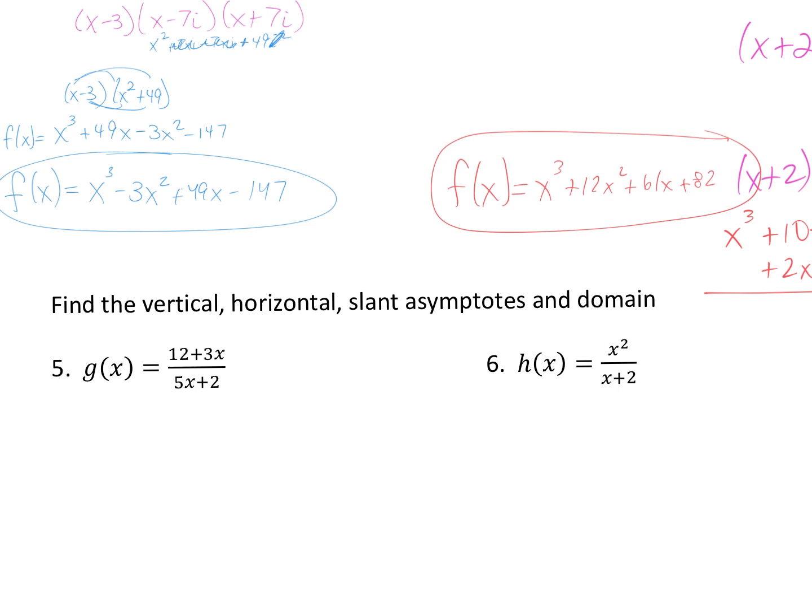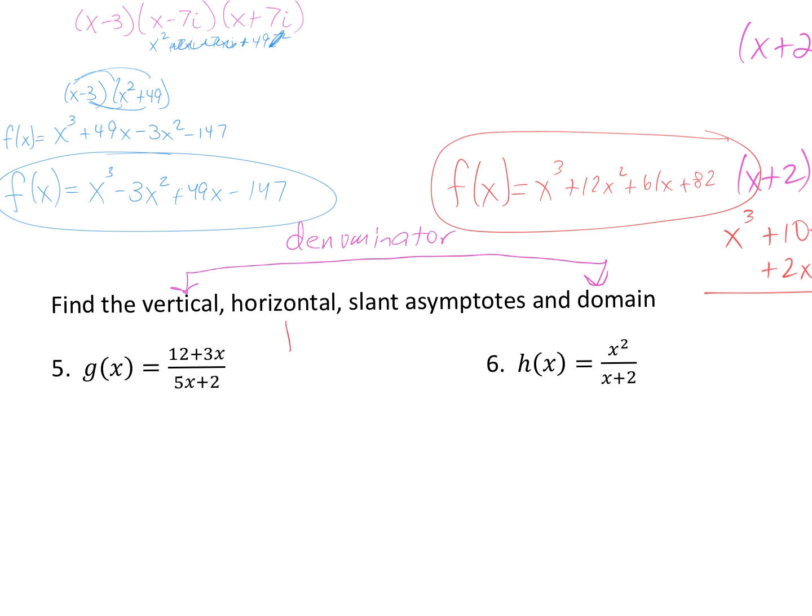If I look at these directions, the first one is asking me to find 4 different things. I know that vertical asymptotes and domain go together. Where do we look for vertical asymptotes and domain? To the denominator. Give yourself a little reminder. You will not have your cheat sheet on your quiz, so give yourself a reminder. How do you find the horizontals?